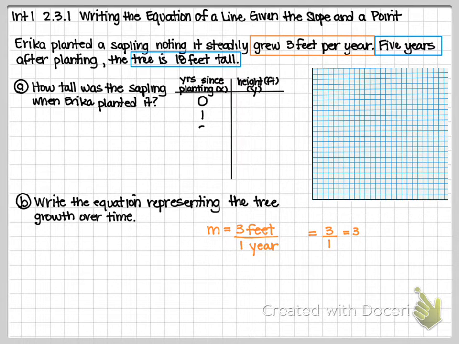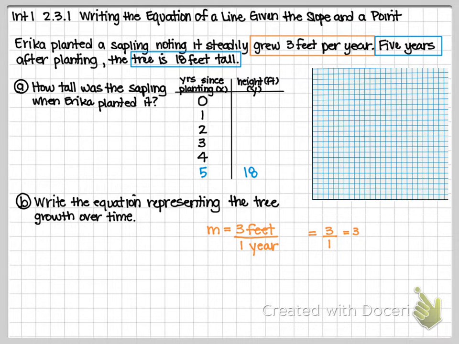I want to fill in my table until I actually get to the piece of information that I know. And I know 5 years. So I'm going to start at 0, and I'm going to go in increments of 1 year. And then at 5 years, I was told that this was 18 feet tall. So that's what I boxed in blue up at the top.